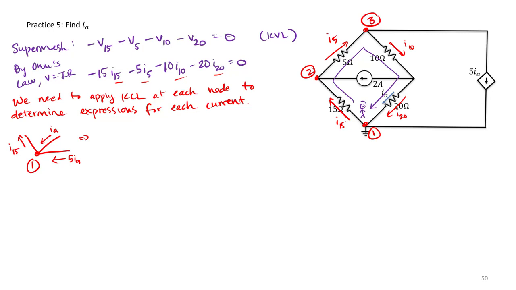So by Kirchhoff's current law, I can say that plus 5IA plus IA minus I15 equals 0. If I solve for I15, the current through my 15 ohm resistor, that must be equal to 6IA. Let's look at node 2.